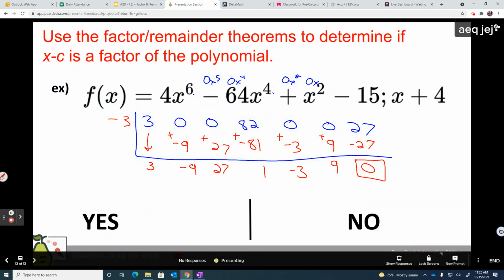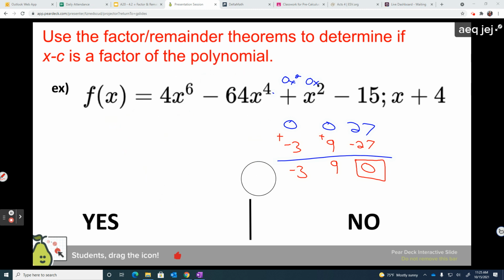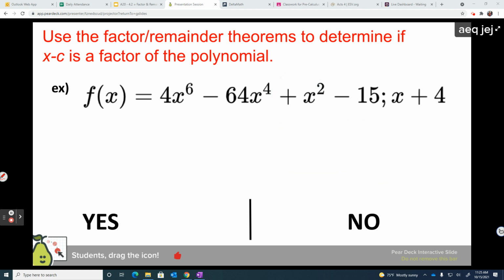And this one, just do it all on your own. So you just count it down. So you start with a 6. You have a 5th power? Nope. So it's like a 0x to the 5th. You have a fourth. You have a third power? Oh, okay. I see. Yeah, so no third, so 0x cubed. You do have a second power. You don't have a first power, so 0x.